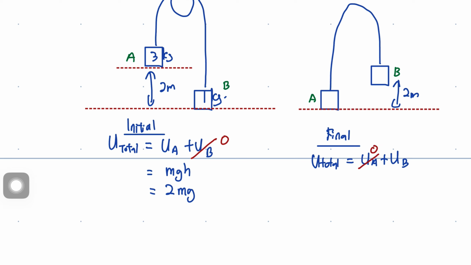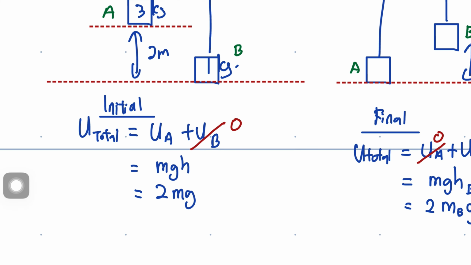I only end up with the potential energy for B. So I'm going to substitute in here, the height of B is 2 meter, so 2 mg, with the mass for B. And this one will be the mass for A.